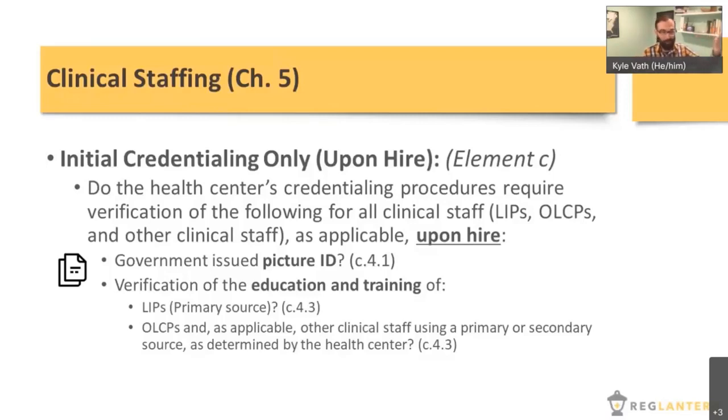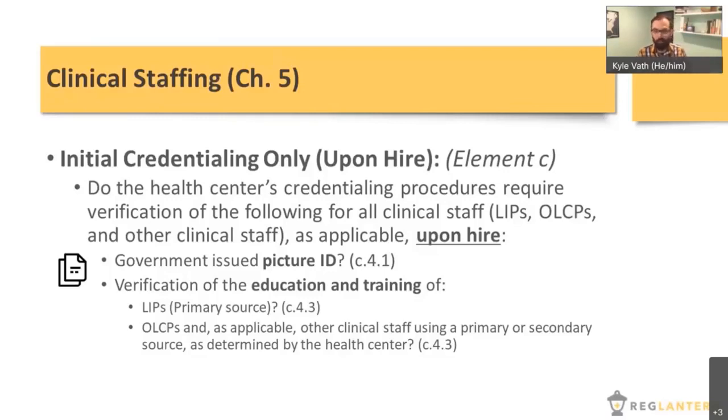So again, going back to those LIPs, that's the physicians, the nurse practitioners, those types of positions, they need primary source verification of education and training on hire. For OLCPs and other clinical staff, you can define how you want to do that. Maybe you want primary source for OLCPs and you want secondary source for other clinical staff.